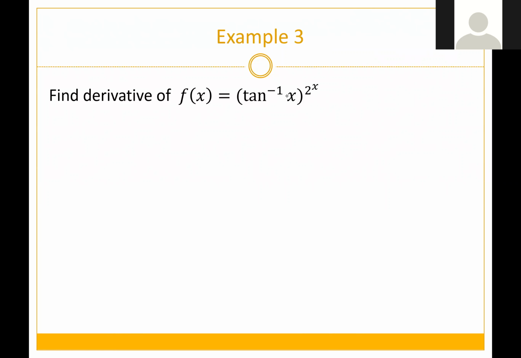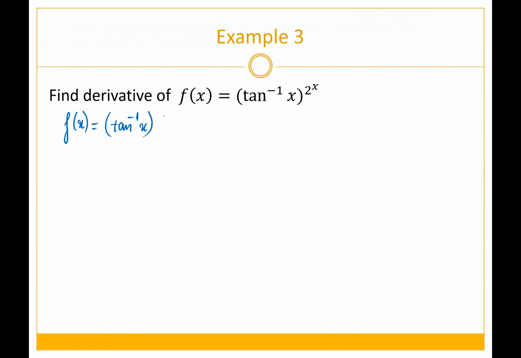So we have f(x) equal to inverse tangent of x to the 2 to the x. Now, we use log differentiation because you can see this is a function of x to the power of another function of x. This is a complicated case, but it's a general form of log differentiation. So that's how we're going to solve this.